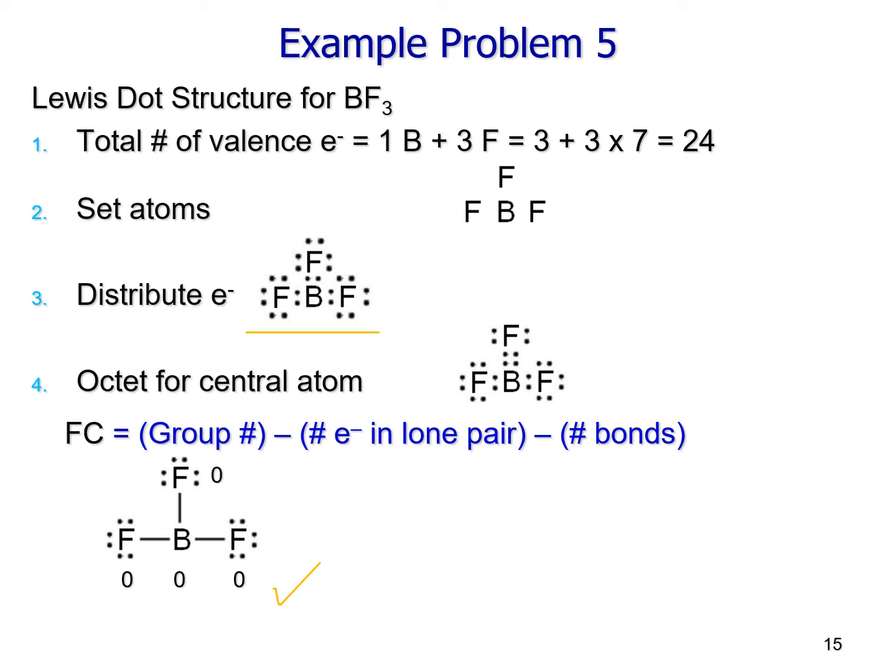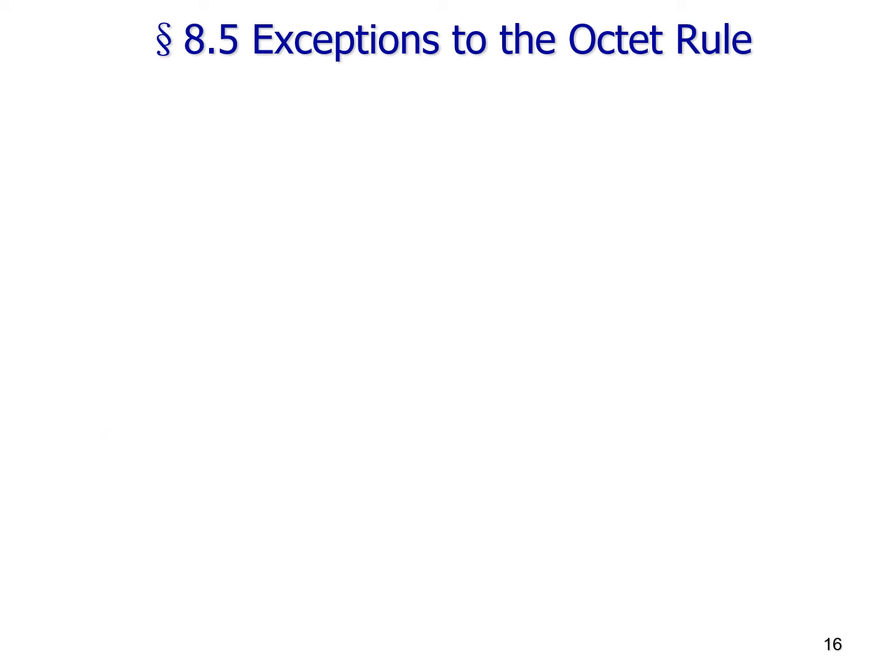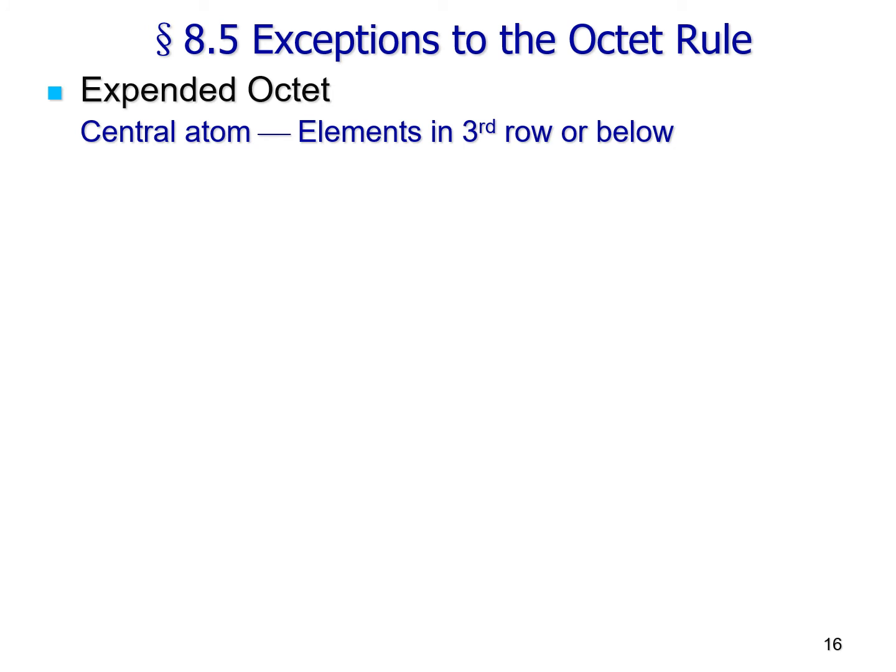And that definitely is another exception. Speaking of the exceptions to the octet rule, we now realize we have two of those. First, expanded octet. That means the central atom must be in the third period or lower. That means the third, fourth, fifth, or so on.